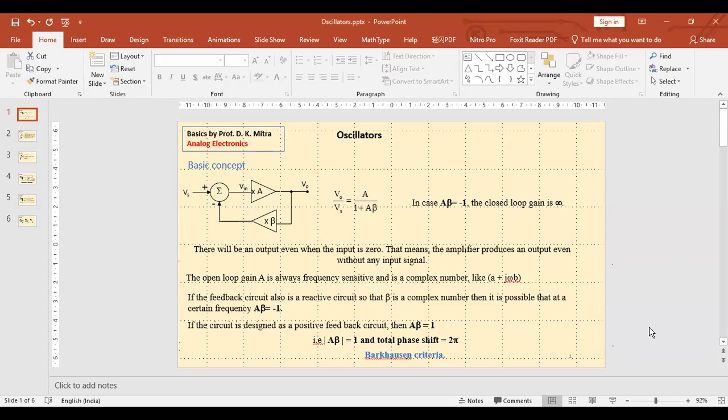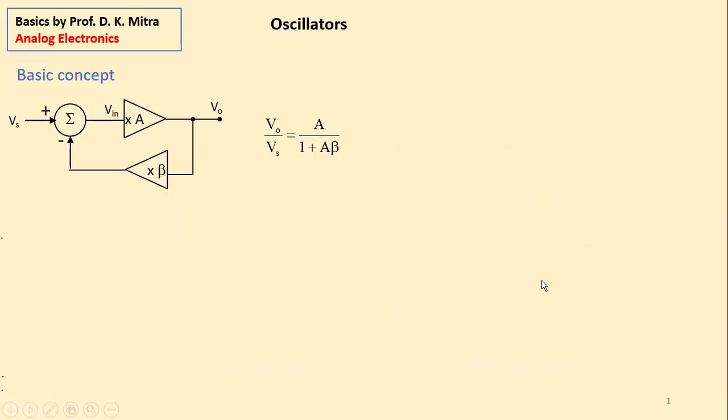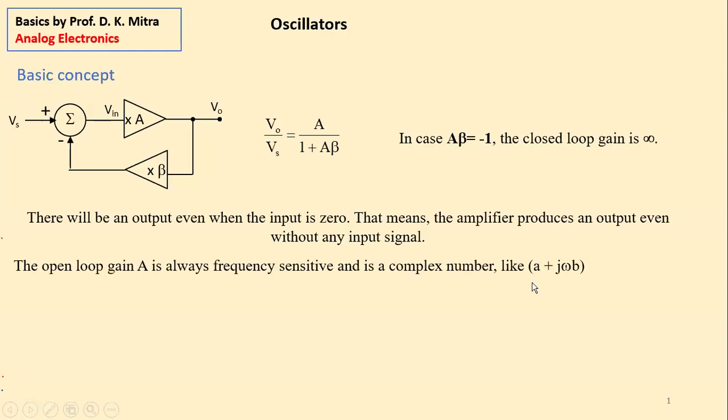Here, with the PowerPoint presentation, we go back to our original point. What I was trying to prove to you is that the open loop gain is always frequency sensitive and is a complex number. That means this A is always frequency sensitive and a complex number. Now I have to make A beta equal to -1.